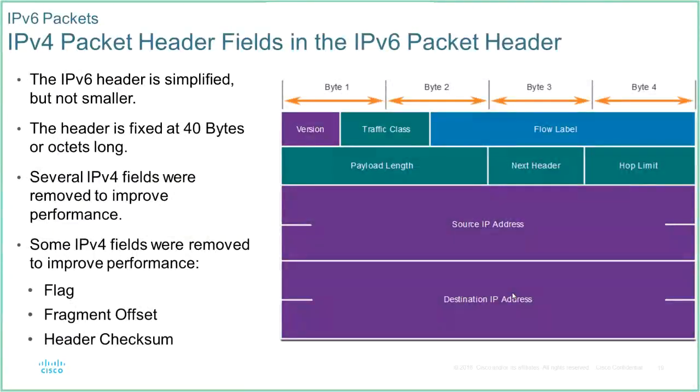So the IPv6 header is very much just the core information that we need. So we have the version, the traffic class, which is our quality of service, source and destination IP addresses here, hop limit, which is our time to live equivalent, flow label, payload length, next header.